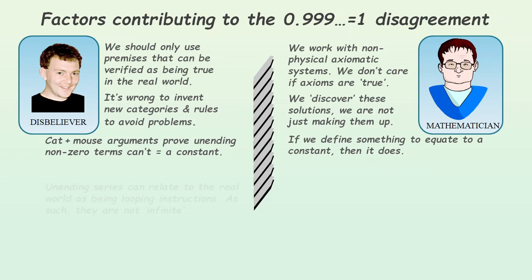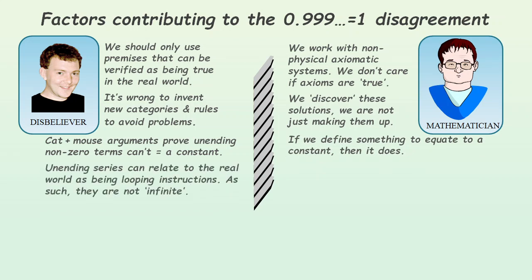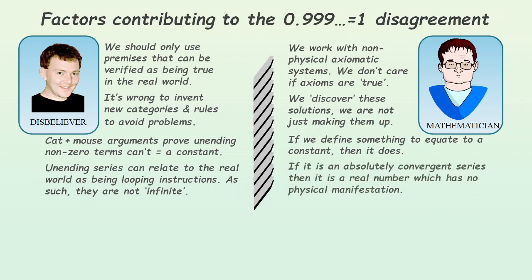We might relate unending series to things in the real world, like looping instructions, and we might think this shows that they don't need to be mysteriously abstract objects that are somehow not finite. But mathematicians believe that infinitely many non-zero terms can equate to a thing that has no physical manifestation that they call a real number.